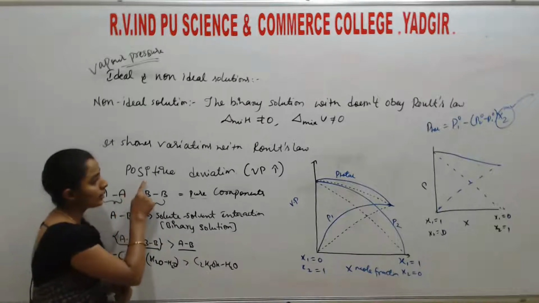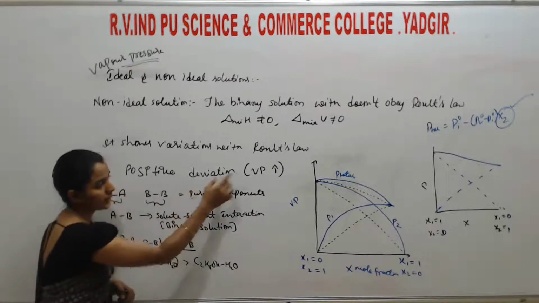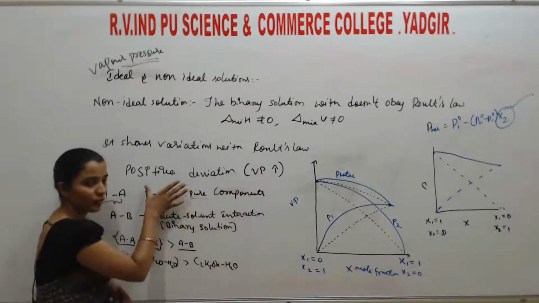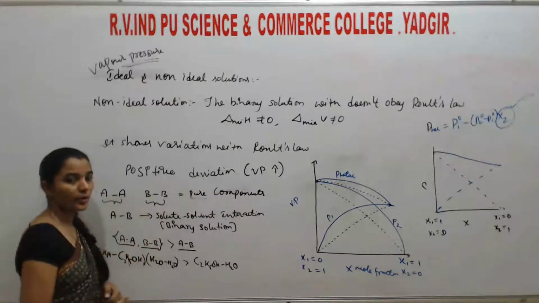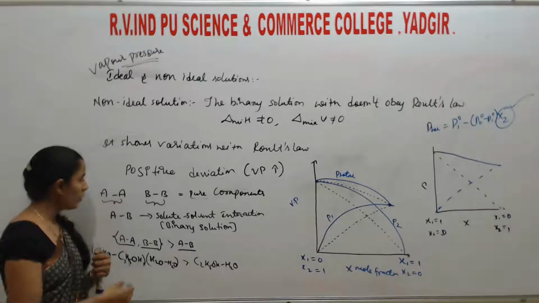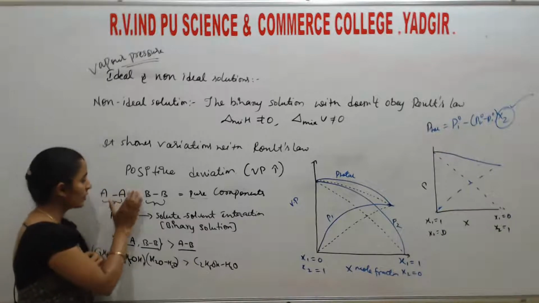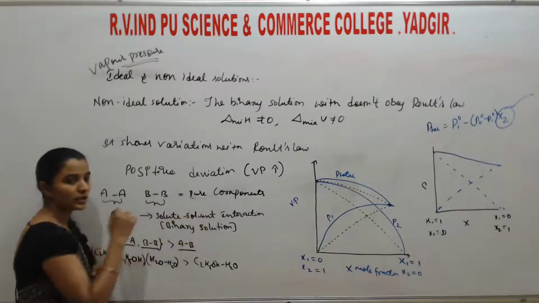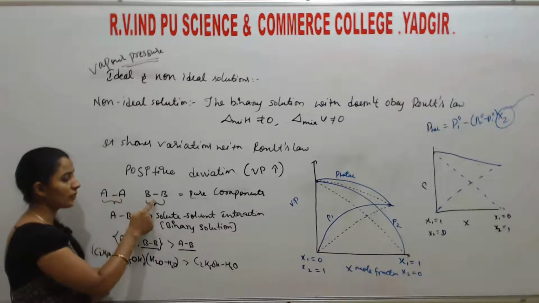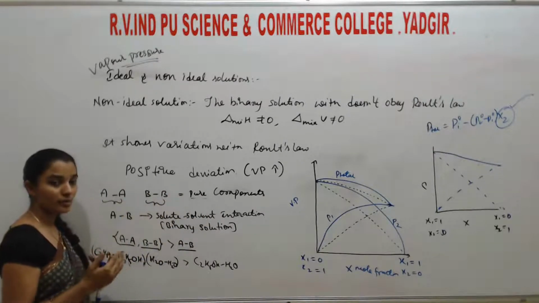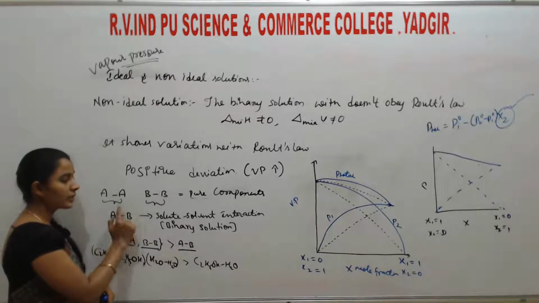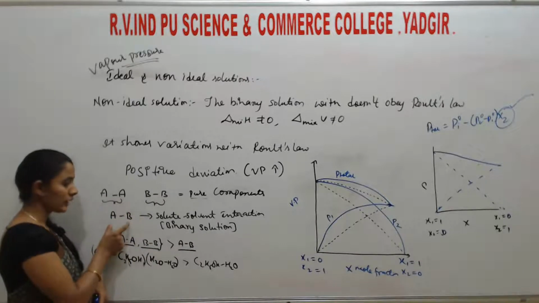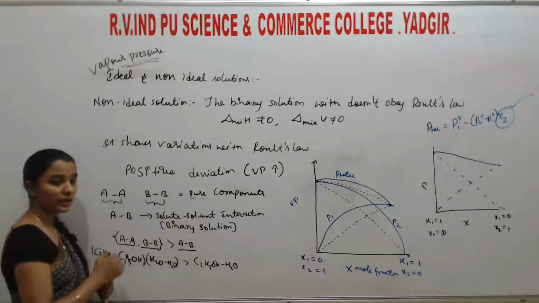Here I said positive deviation is there, that is, vapor pressure increases. If positive deviation is there, vapor pressure increases. How? In the pure state, solute is AA and solvent is BB, and that interaction between pure components is more. After mixing solute and solvent, we get AB, that is the solute-solvent interaction.